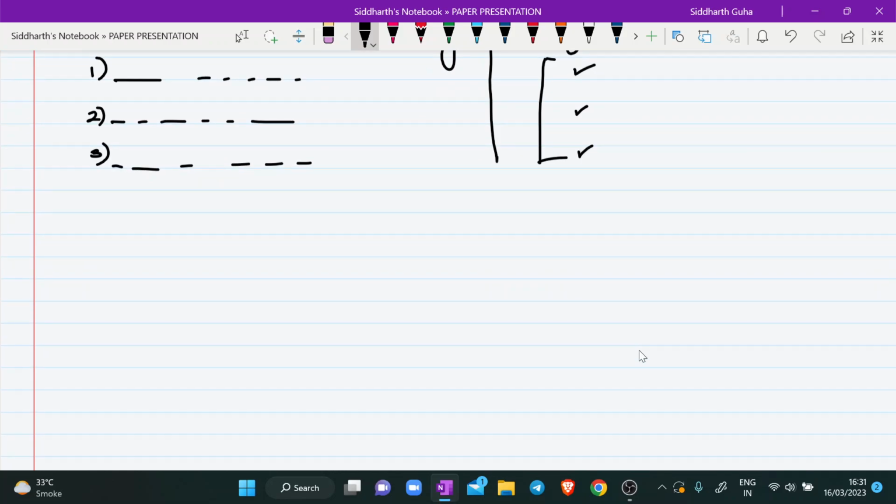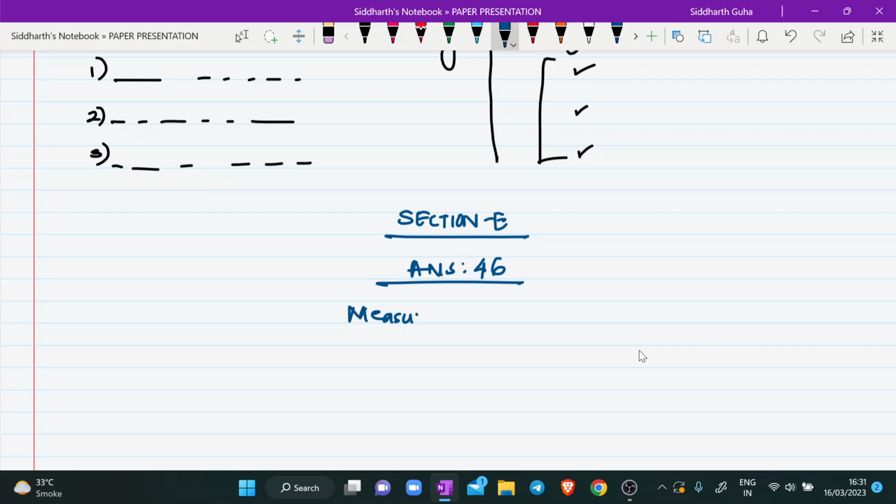Similarly, let's say we are writing section E. In section E, again, there is one thing to be taken care of. Listen very carefully. Let's say this is answer number 46, at the center of the page. What is the question all about? Let's say the question is about measures to control population.